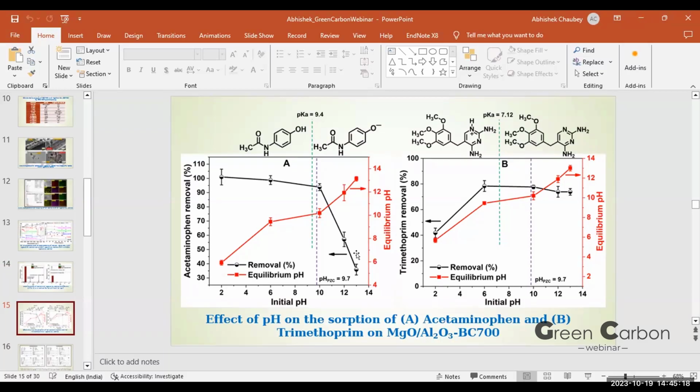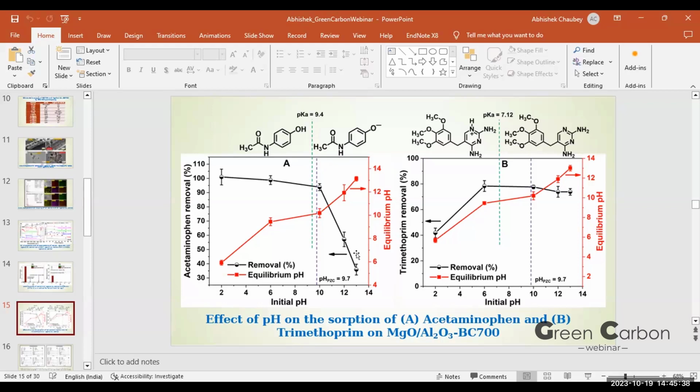The pHpzc of our developed biochar is 9.7, which means the adsorbent has a net positive charge below the pHpzc, and above the pHpzc it has a net negative charge. So above 9.7, the surface becomes negative.